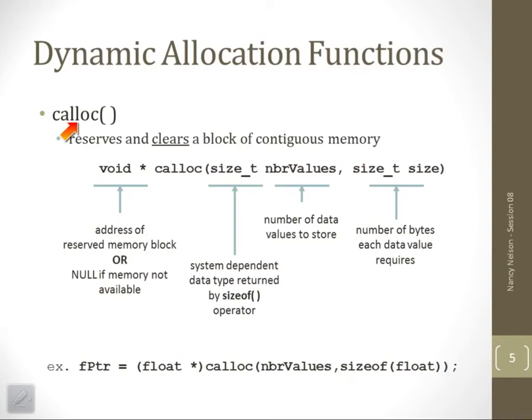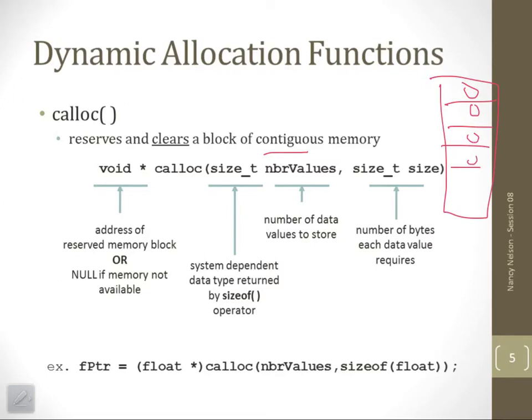Calloc is the second of our dynamic memory allocation functions. The C stands for clear. With a malloc, it reserves that block of memory, but it leaves them with whatever garbage happened to be in them when it started. So calloc will actually clear that block for you. Same thing, we have a contiguous block of memory, but this time, whenever it's finished, all of them will be initialized to 0.